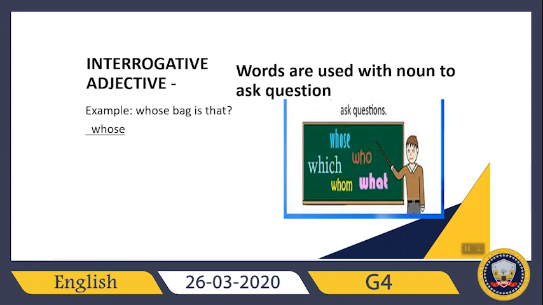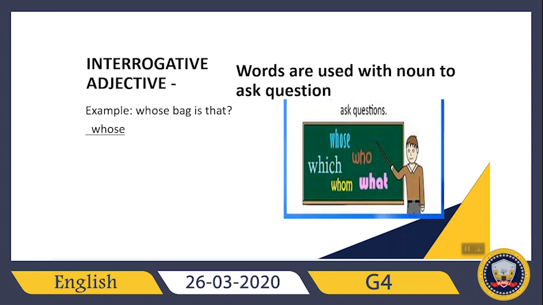We all know a bag is a noun. So whose is used before the noun. And don't forget, adjectives are used before the noun or pronoun. They describe, they modify, they explain the noun or pronouns for us.